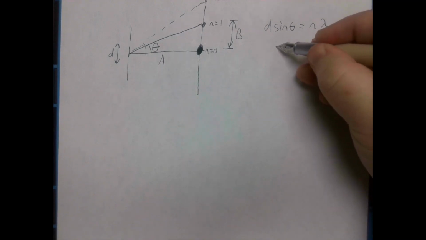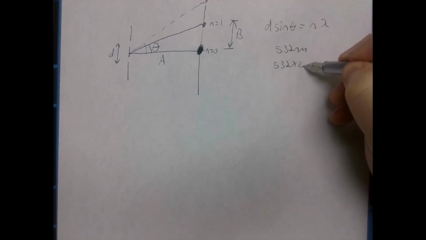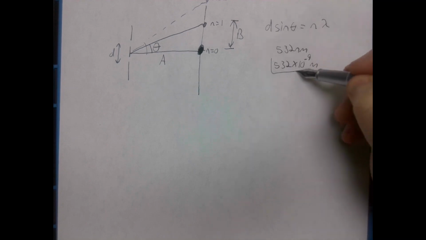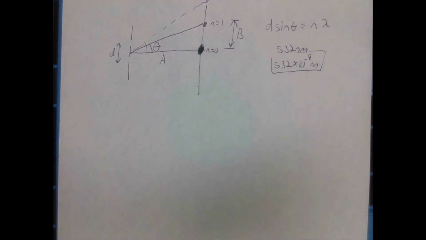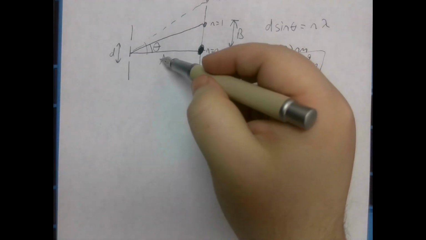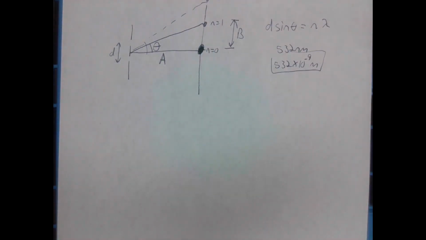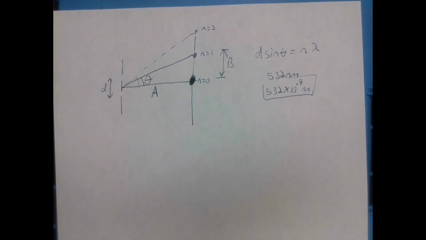It doesn't matter. My laser is 532 nanometers, or 532 times 10 to the negative 9 meters. All we need to do now is measure an A and measure a B. So let's do that on the board.